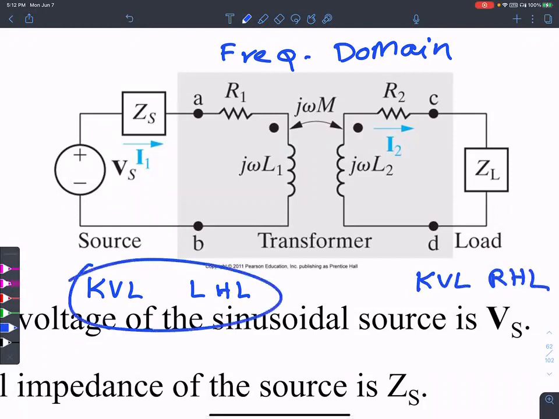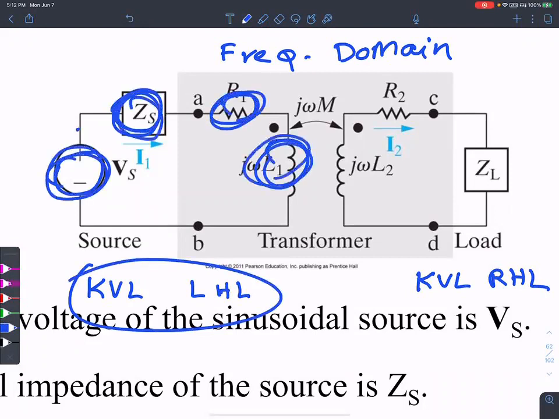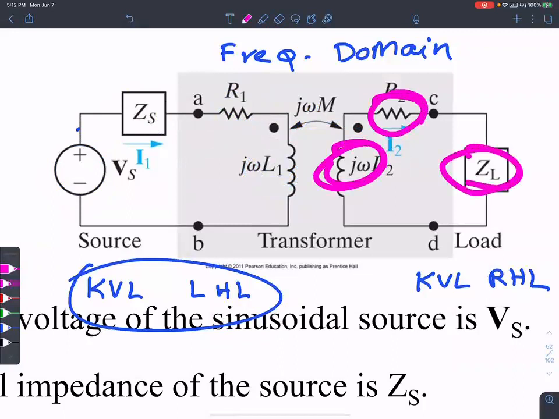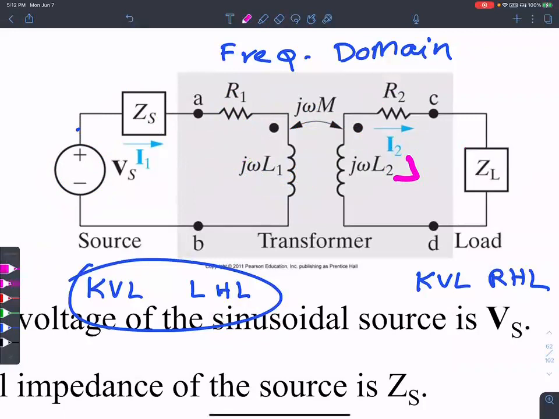KVL in the left-hand loop included this, this, this, this, 1, 2, 3, 4, and the invisible hand from the other side, so 5 terms in the left-hand loop. In the right-hand loop, there is 1, 2, 3, and the invisible hand from the other side, the mutual inductance, so 4 terms.